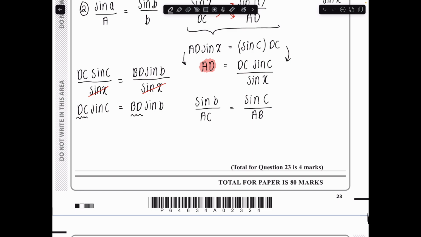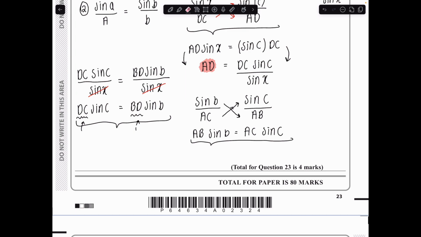Now what we can see here is the two expressions that we have, they all have a sine B and a sine C. So the first thing that we want to do from here is to cross multiply to get rid of this fraction, to get rid of all the fractions so it's a little bit easier to deal with. So if we do that, what we're left with is AB sine B is equal to AC sine C. Now here, how could we make these two expressions equal to each other?